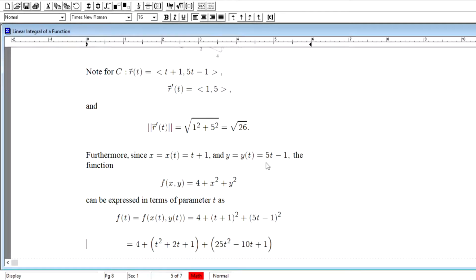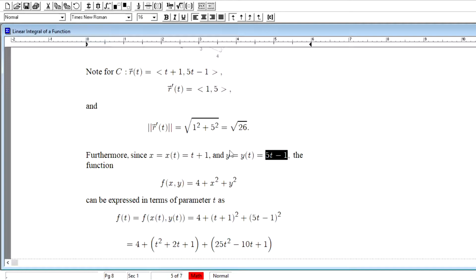Furthermore, we would note in our calculation here, since x equal to x of t is equal to t plus 1 and y equal to y of t is equal to 5t minus 1, the multivariable function f of x comma y equal to 4 plus x squared plus y squared can be reparameterized in terms of t by substituting in for x and y these understandings of t given above.